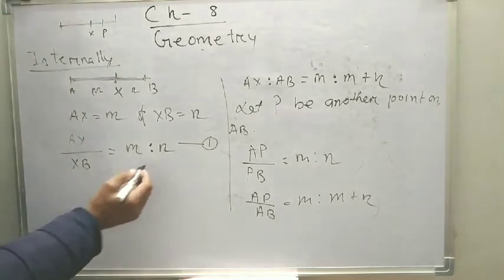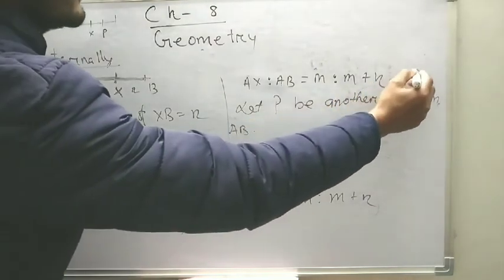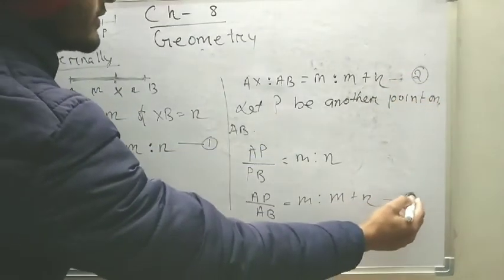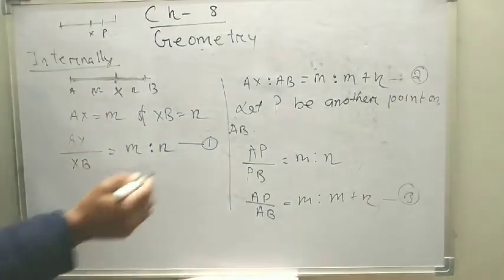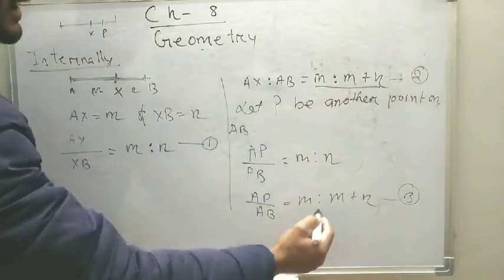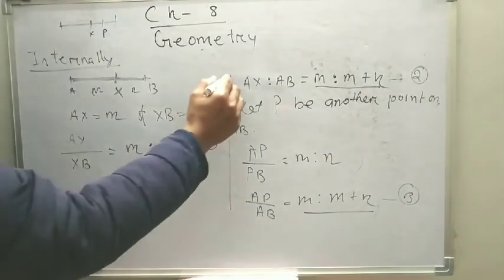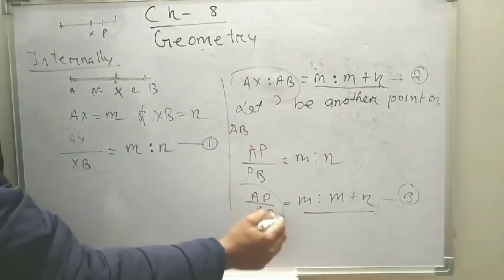From this one, what we can write down? m is to m plus n, m is to m plus n. That means these parts are same.